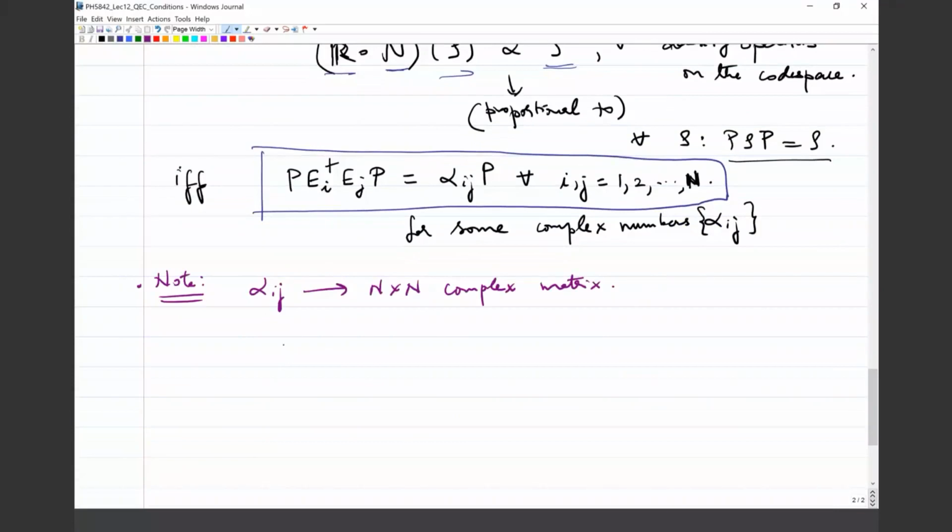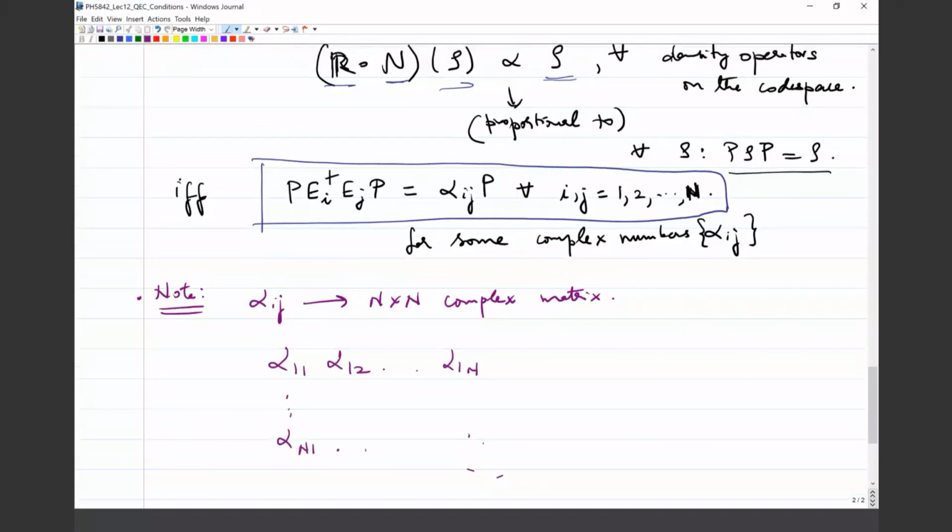That gives me alpha_11 corresponding to E_1 dagger E_1. Then I have alpha_12 etc. up to alpha_1N. So this is some N cross N matrix of complex numbers. What is more, this matrix has a special property.